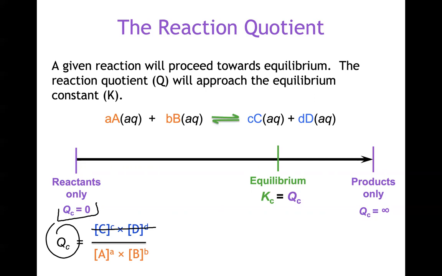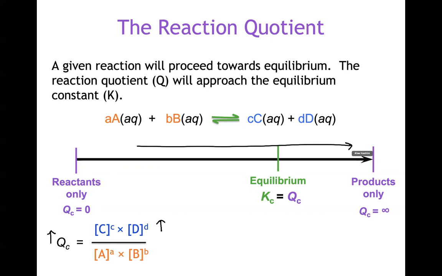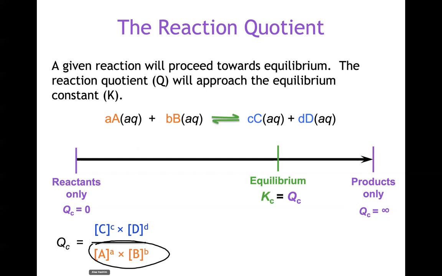Now, as the concentration of the product begins to increase, the reaction quotient is also going to increase. So it's going to pass by equilibrium, and it's going to reach a certain point where Q, the reaction quotient, is basically equal to infinity. Think of it as the time point when all of the reactant has been converted into product.